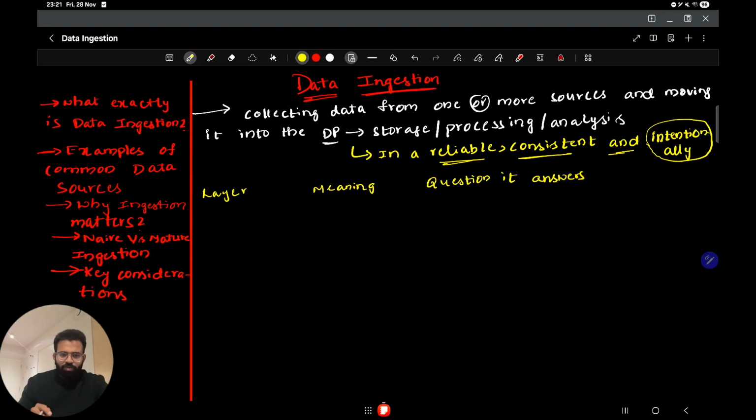So most frequently you will see 3 layers when we talk about ingestion, which is basically acquisition or data acquisition, and then data movement, and then you will also see something called landing.